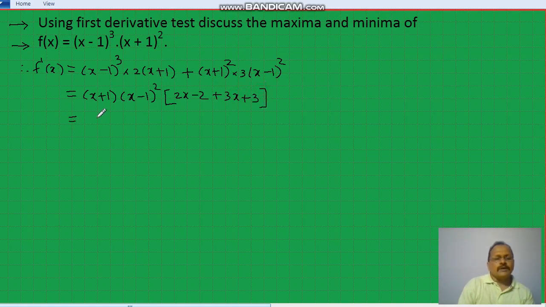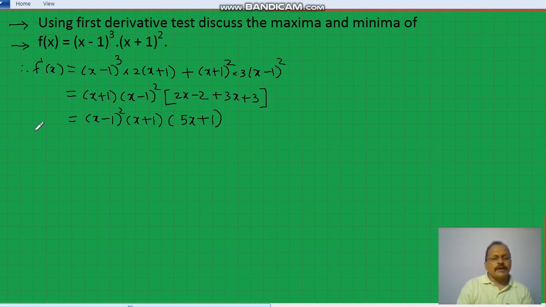This is equal to (x minus 1) bracket square into (x plus 1) into (5x plus 1).